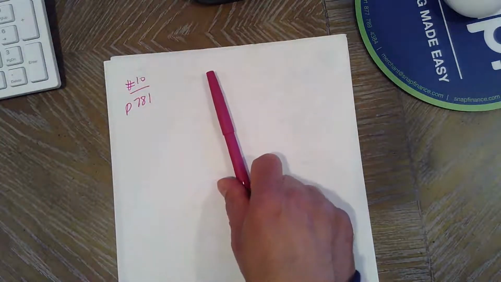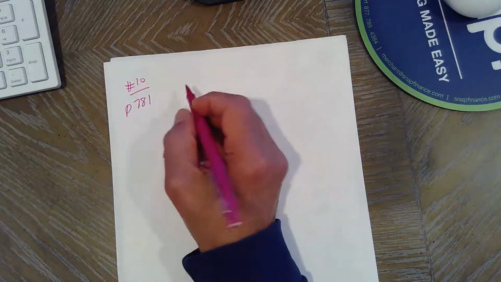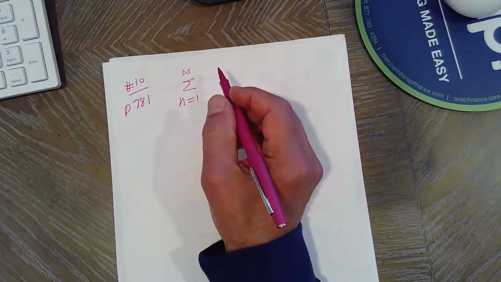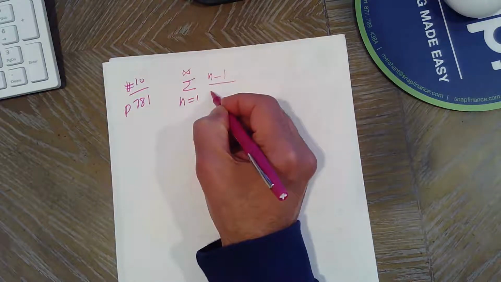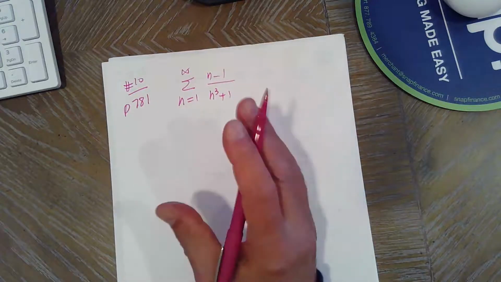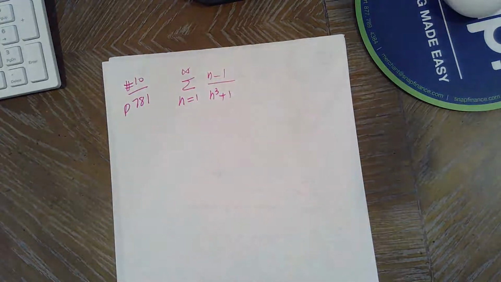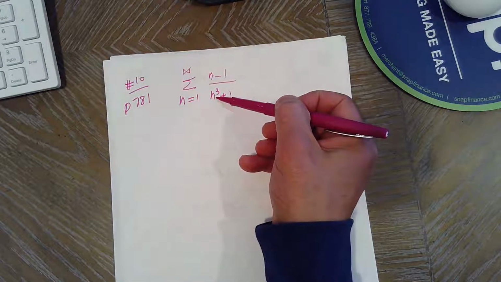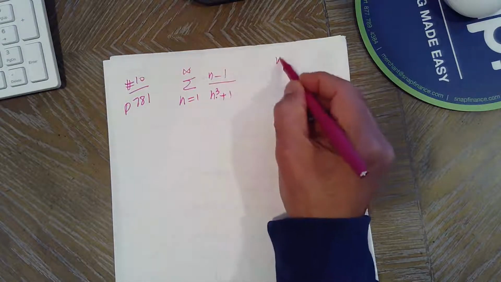Alright, so number 10, page 781, n equals 1 to infinity. We're going to compare this rational function with a p-series, n over n cubed, which makes 1 over n squared. That's the trick, okay?